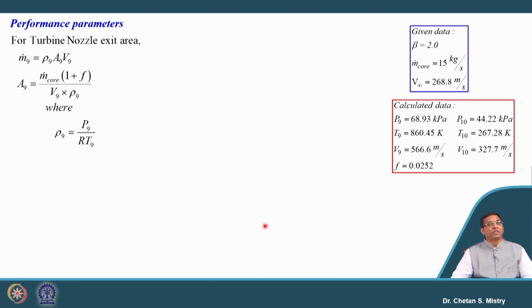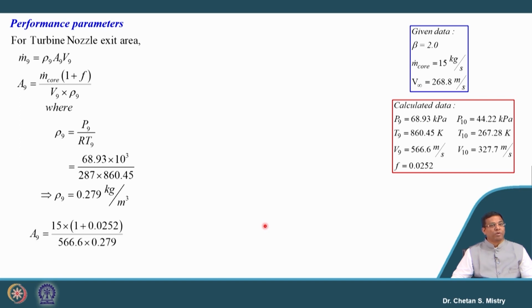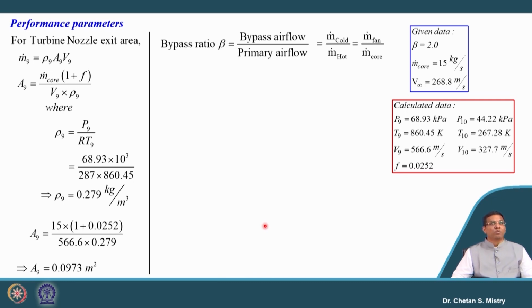Since density is unknown in this equation, but we know from the perfect gas equation that rho 9 is P9 by R T9, let us put in the static pressure and static temperature. It gives the static density as 0.279 kg per meter cube, and the exit area comes to be 0.0973 meter square.